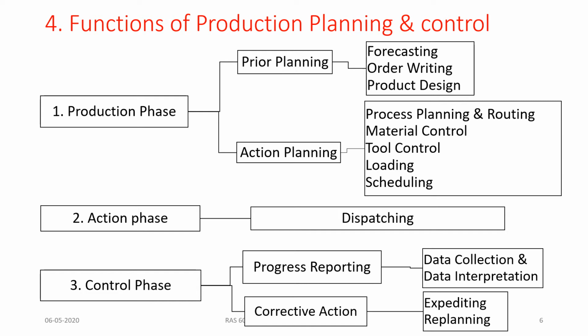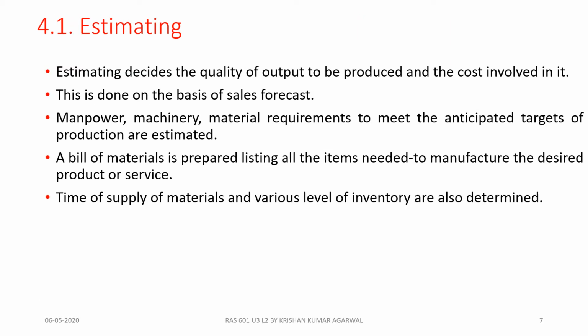So to start with the functions, the important functions carried out by the production planning cell, first is forecasting or estimating the demand of consumers. The first and foremost function of the PPC cell is to estimate the demand.